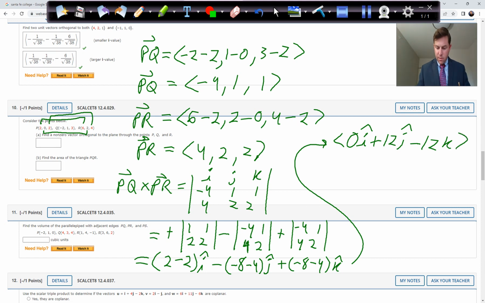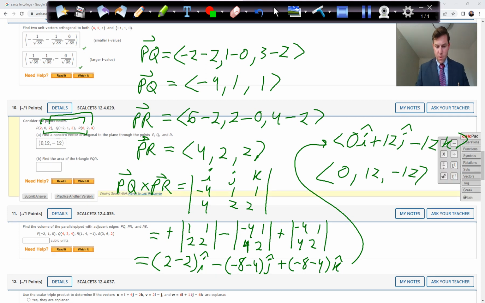Let me write it as 0, 12, minus 12. So that is going to be the non-zero vector that's orthogonal to these 3 points.